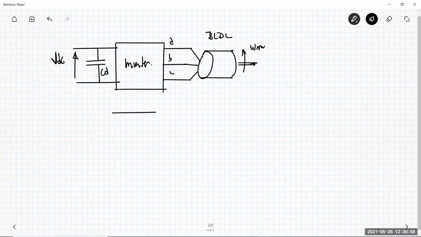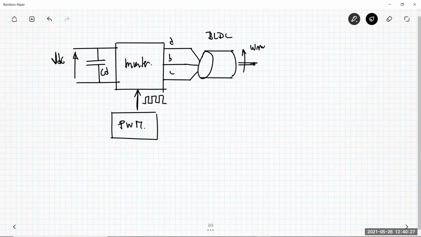Since I'm using pulse width modulation techniques for changing the average value of the phase voltage, and so to change the operating speed, I need a modulator, which is the standard modulator that we can use for any kind of three-phase inverter. So we have here a unit switching function that drives the operation of the switches in the legs.